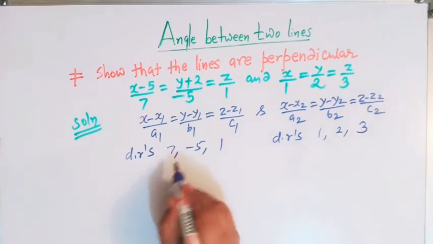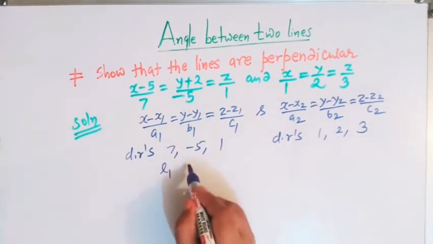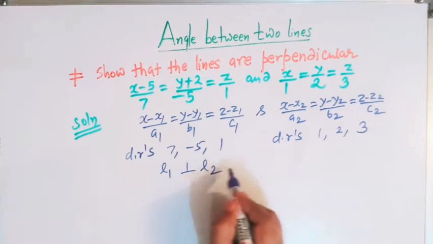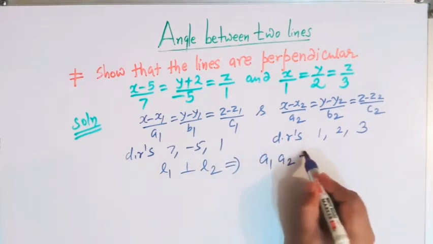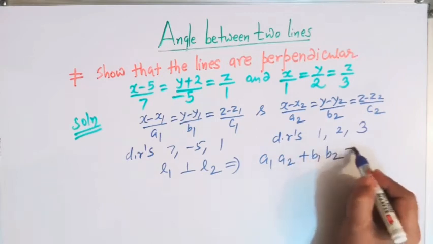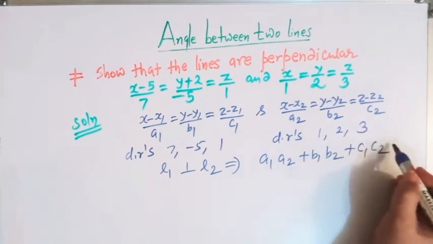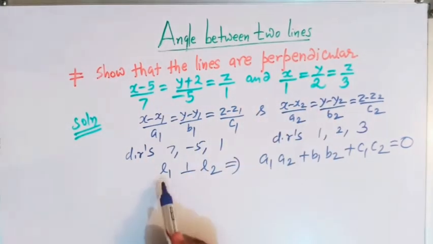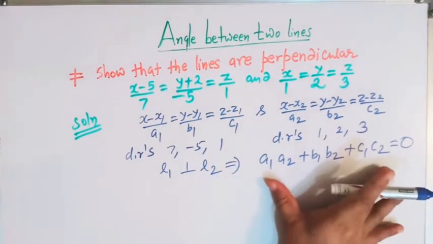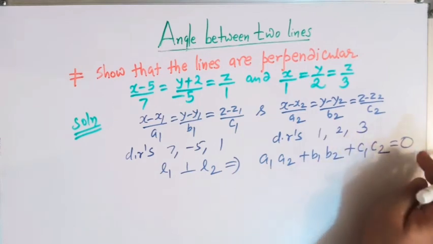Now we know that two lines L1 and L2 are perpendicular if a1 a2 plus b1 b2 plus c1 c2 is equal to 0, right? So these two lines are said to be perpendicular if the value of this expression is 0.